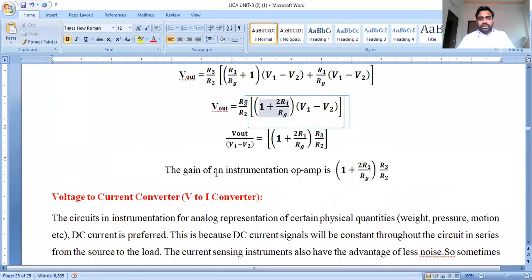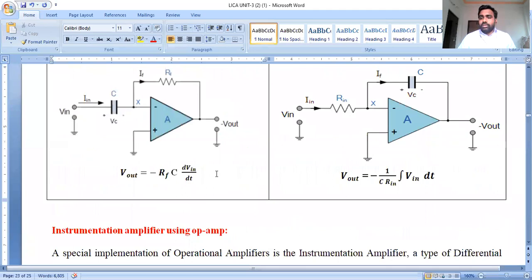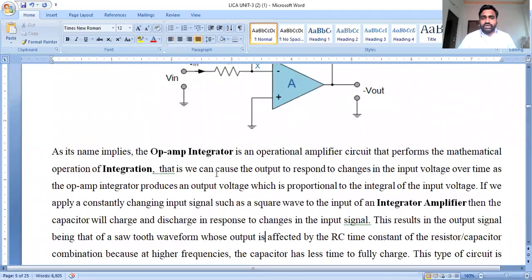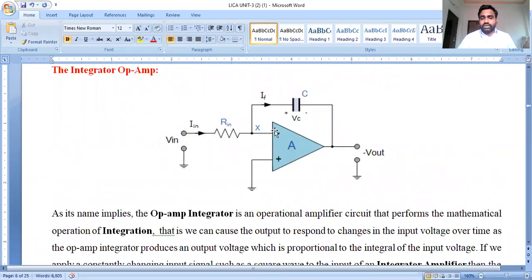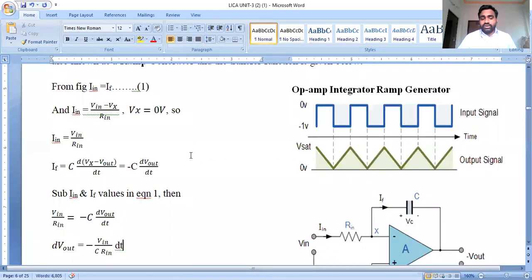The output of an integrator, V output, is proportional to the integral of the input. This is your integrator, connected to the inverting terminal through an input resistance, with a negative feedback connected through a capacitor.